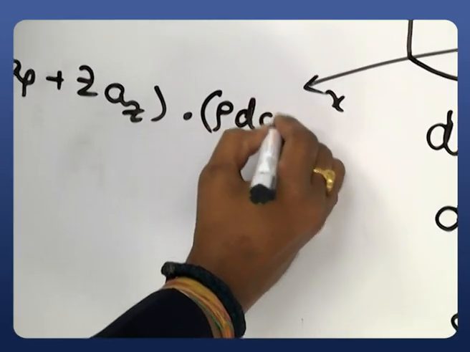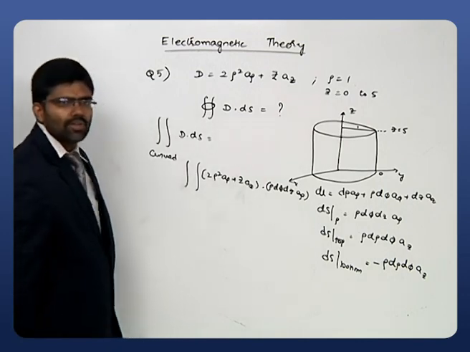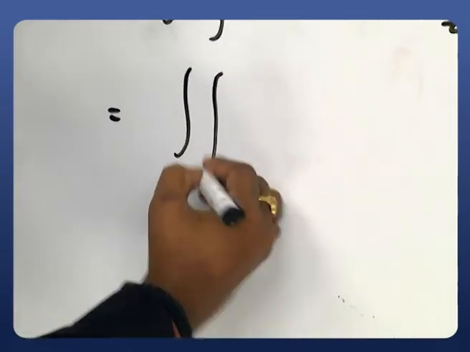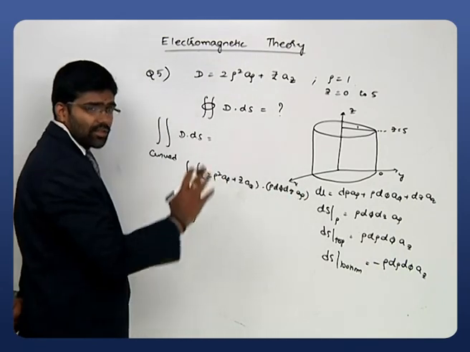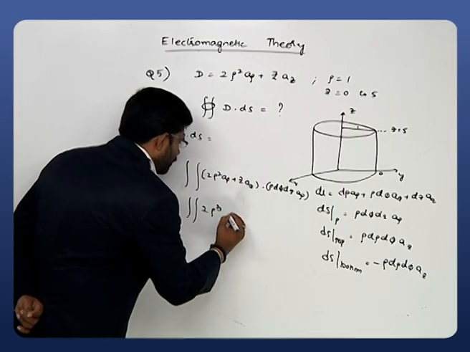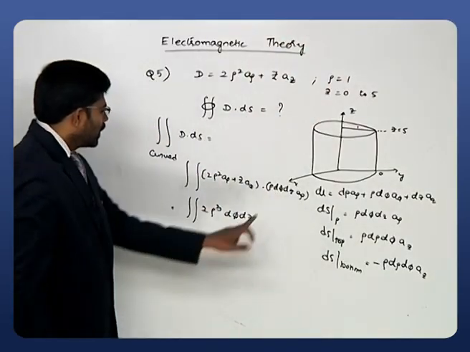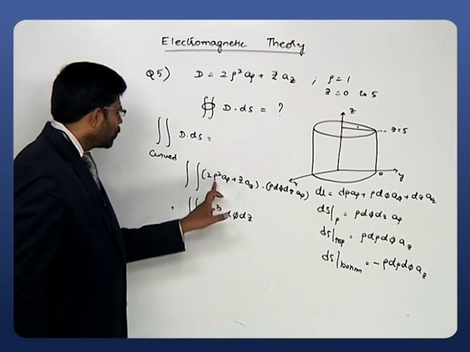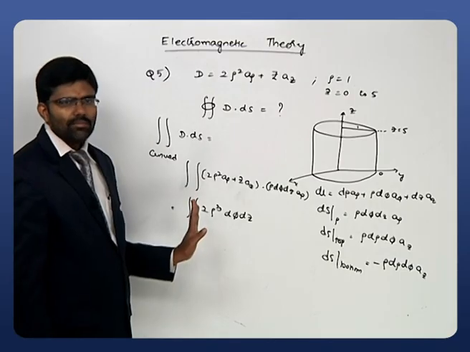So it equals the double integral of, since we have only a rho here, a rho dot a rho is 1 and the remaining term becomes 0. A rho dot a z is always 0, so neglect it, don't write down that one. 2 rho square into rho is 2 rho cube, d phi dz is the term we have.